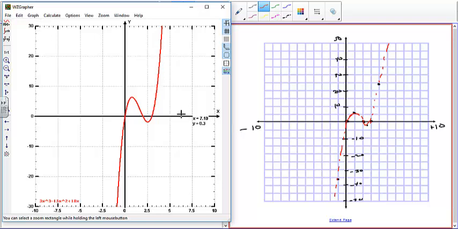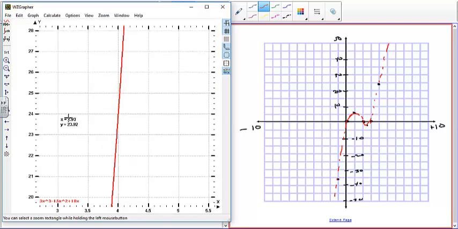24. I'm going to check that number. Seems a little bit off. Let's just zoom in here. 24. No, it works out. Yeah, 24, 4. That's good.